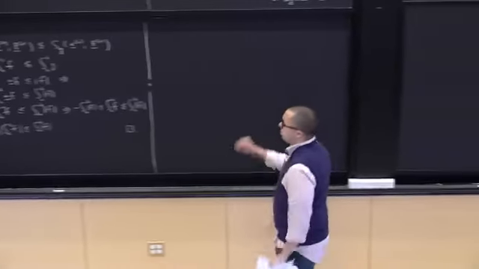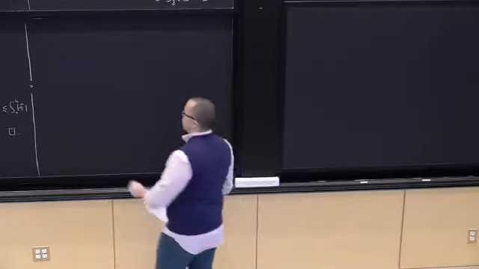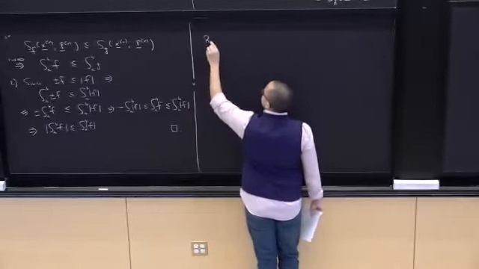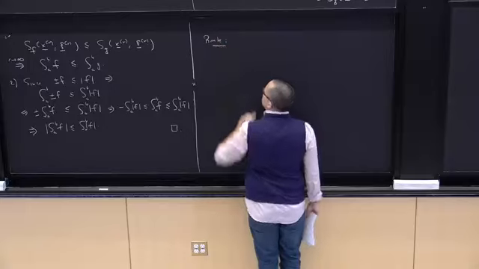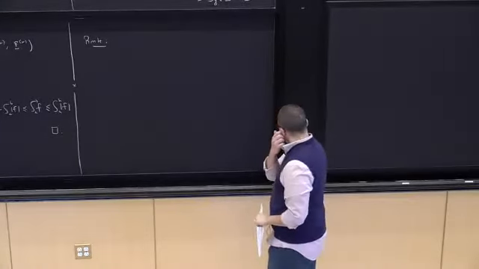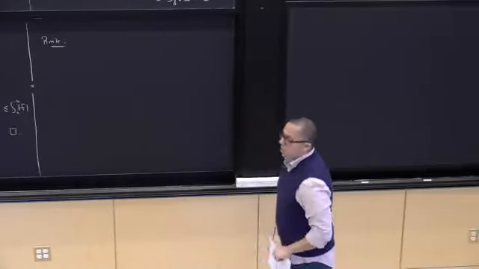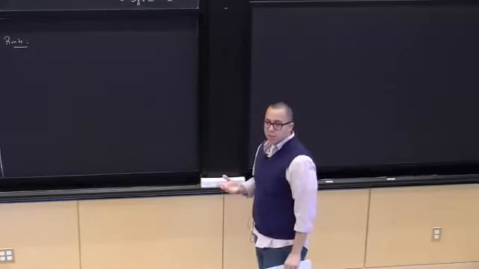Let me make a small remark here, and it will be an exercise on the homework to prove this. We know that taking limits respects inequalities, but not necessarily strict inequalities, right?